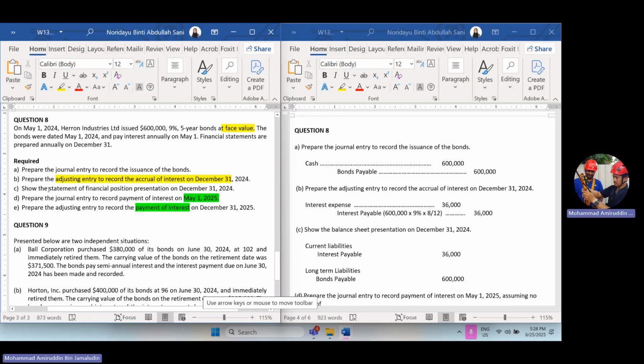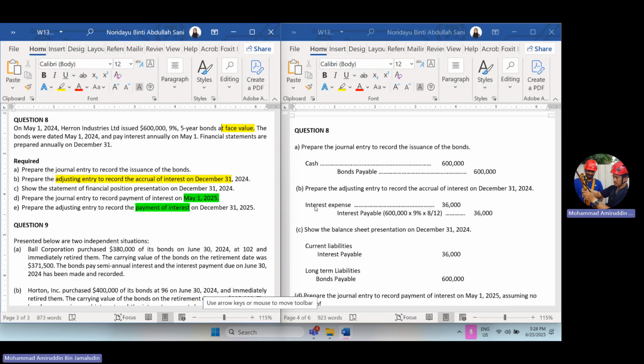Okay, next. Prepare the adjusting entry to record the accrual of interest on 31st December 2024. Why 31st December 2024? Because you prepare financial statements. Your year end is on 31st December 2024. So how much is your interest on these bonds?